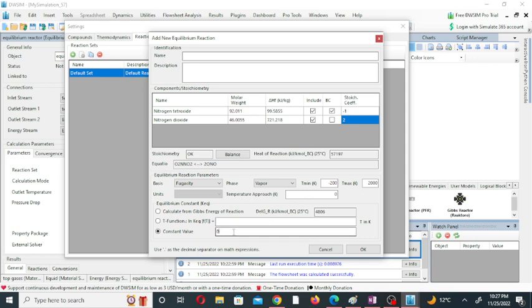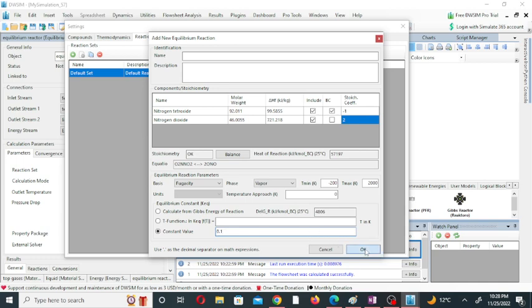So its value is 0.1 mole per dm cube. Now click on OK. This is the mole per dm cube, the equilibrium constant value.